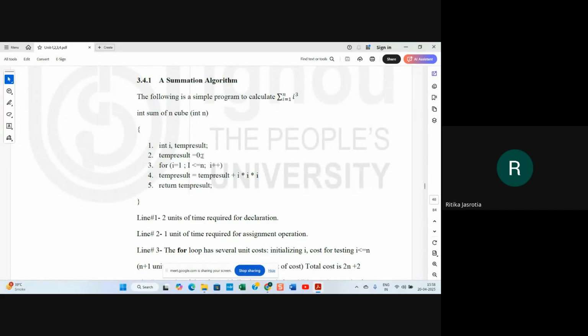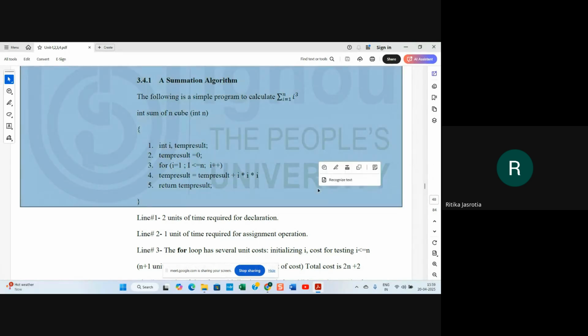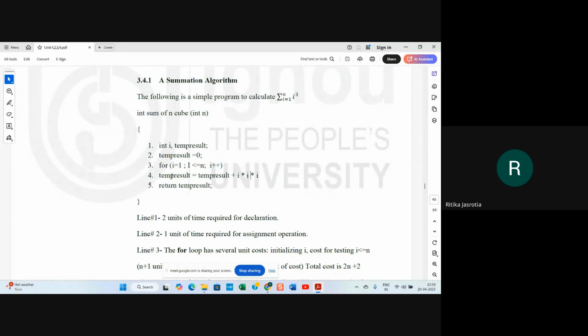Temp result is equal to 0, for i equal to 1, i less than or equal to n, i plus plus. You are running the loop. Temp result is equal to temp result plus i into i into i. You should initialize temp result to 0, so your result will be 0 plus i cubed. i's first value is 1, so temp result will be 1.